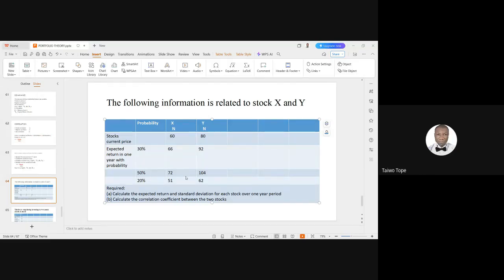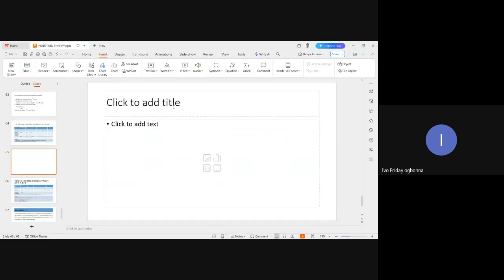The holding period method is the method we are going to adopt to get our returns. So based on the holding period, the formula is telling us what? The holding period. What is the formula? P1 minus P0 plus return all over P0.